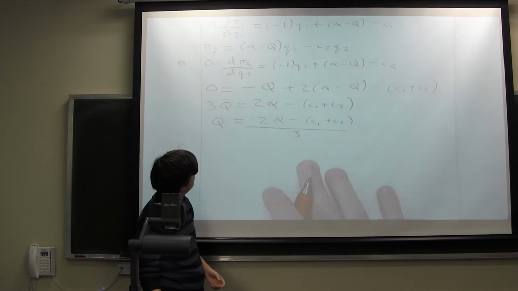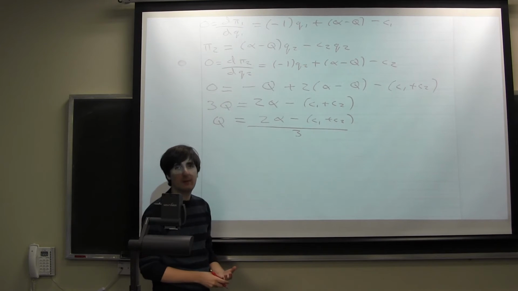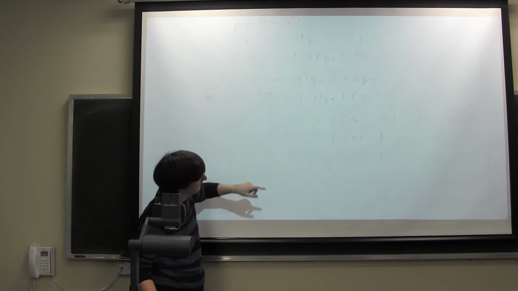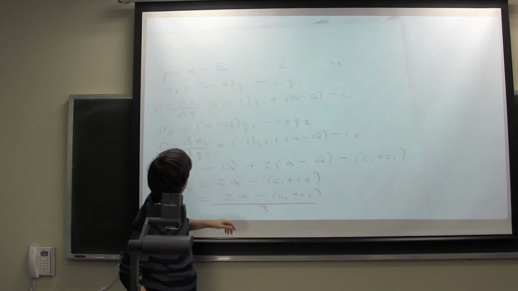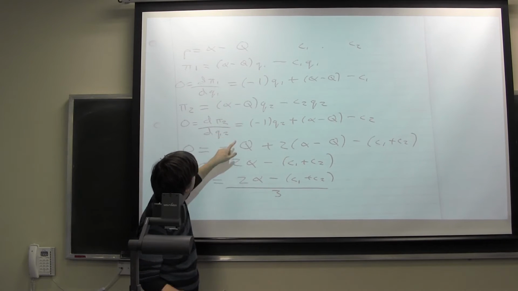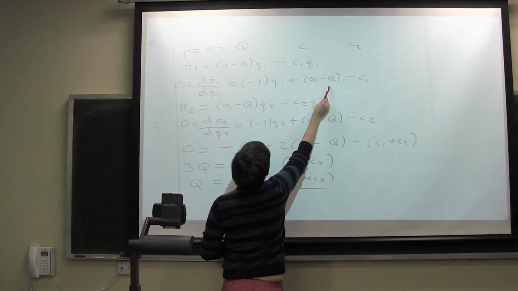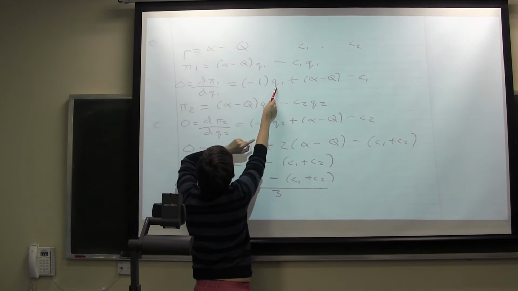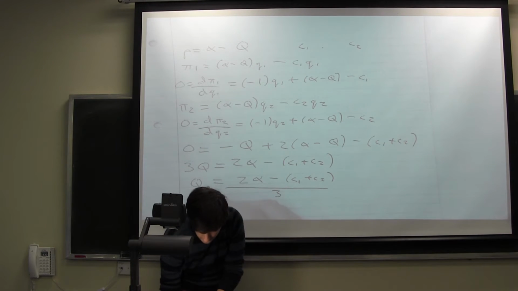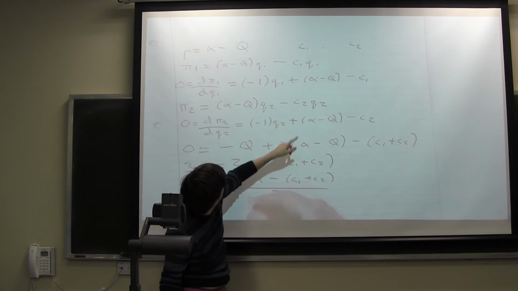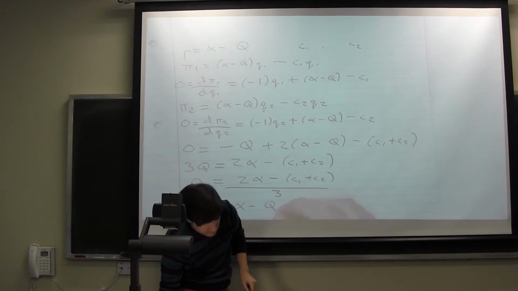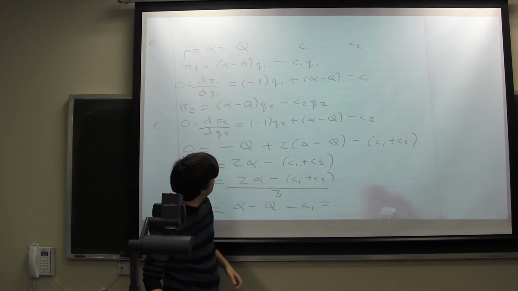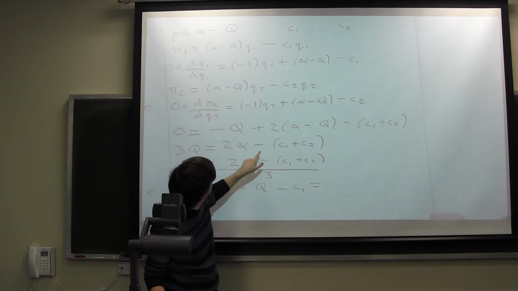So that's total quantity, but you might want to know the quantity produced by a particular firm. But if you know total quantity and you know the first order condition, then it's very easy to work out the quantity produced by a particular firm. Okay, so we know what total quantity is, so we can just work out what Q1 is. So we've got a minus Q1 here, so put Q1 on the other side. We know that Q1 is equal to alpha minus Q, big Q minus C1. Okay, and we've already worked out what big Q is down here.